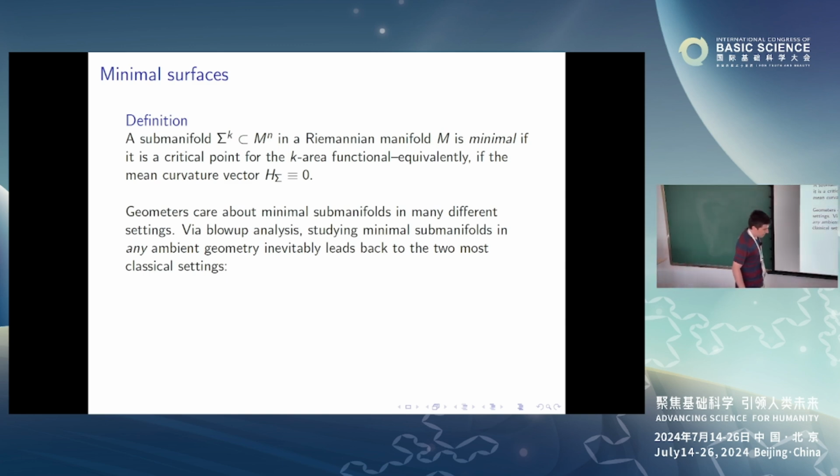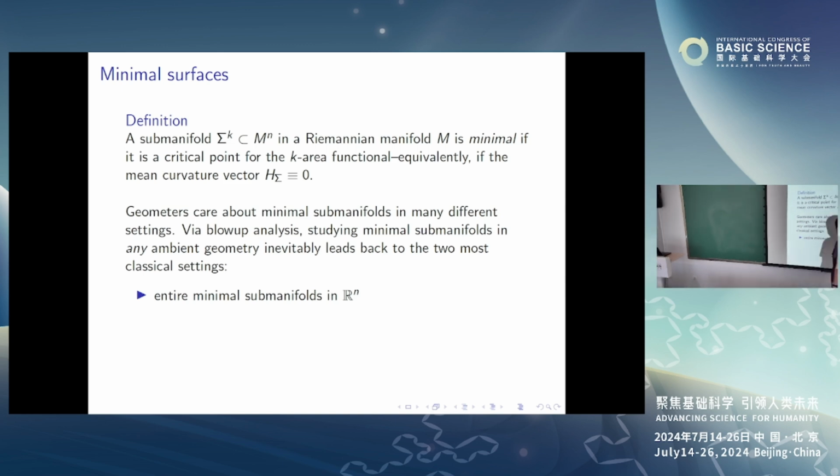All right. And if you care about minimal submanifolds in any setting, which I hope you do, then you're often interested in what happens to families of minimal submanifolds, maybe as they degenerate, and you want to study their singular behavior by blowing up and magnifying. And doing this inevitably leads to studying minimal surfaces in the two most classical settings. So first of all, studying entire minimal submanifolds in Rn, because when you blow up your manifold locally, the minimality of your object is preserved and you end up in Euclidean space.